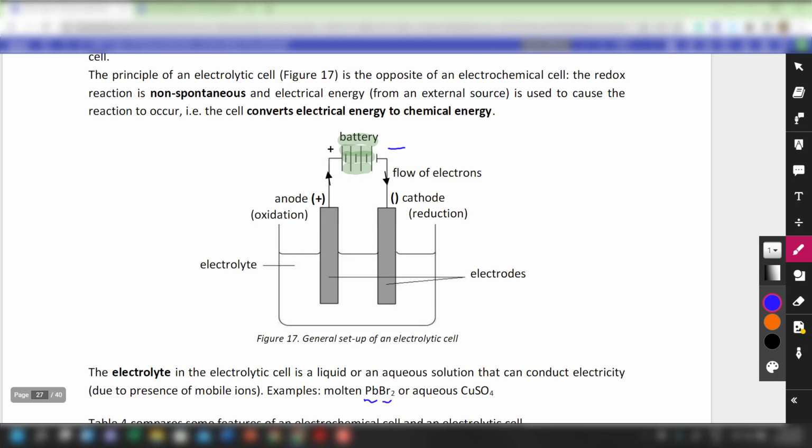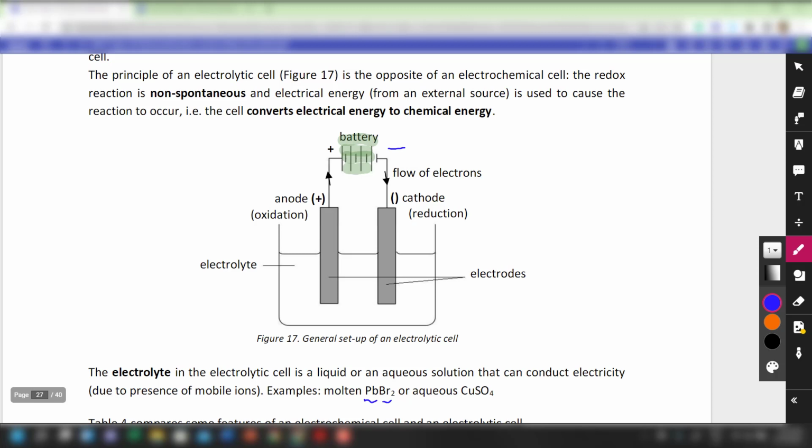Because molten lead bromide contains lead-2 cations and bromide anions, which are freely mobile, they can move and then get discharged at the relevant electrodes, where electrons are being taken up and then move around the circuit. And the aqueous copper sulfate contains mobile copper-2 and sulfate anions, as well as a small amount of H+ and OH- ionized by water, but that's just a very small amount. So this is a very important idea which you need to take note of for electrochem.